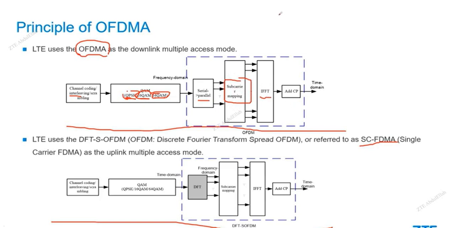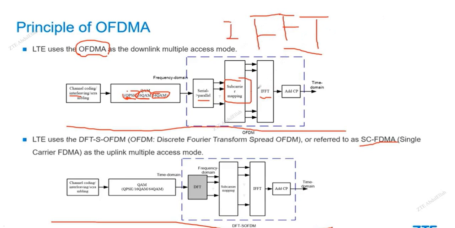IFFT. First, we should know what FT is. FT means Fourier transformation, and FFT means fast Fourier transformation. I means inverse. So what's the function here?